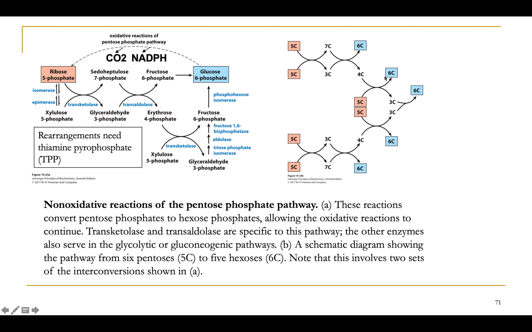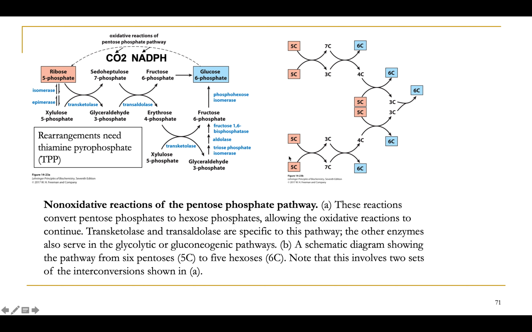So this complex chain of backbone exchanges results in total in formation of five glucose 6-phosphate molecules out of the starting six pentose molecules.